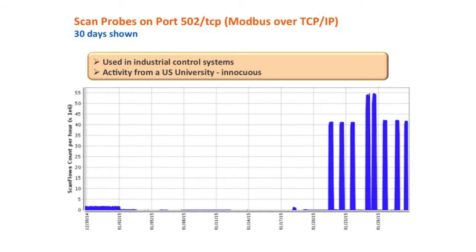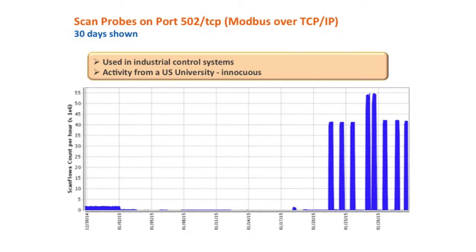So we've heard a lot in the press about the potential of industrial control systems being exploitable, inclusive of manufacturing systems, water control or water filtration systems, those sorts of things. Again, you can see the similarity in the pattern from the previous one, activity from a U.S. university. I'm going to declare that as innocuous as a part of their research activities. When I say innocuous, it does not appear to have malicious intent associated with it.